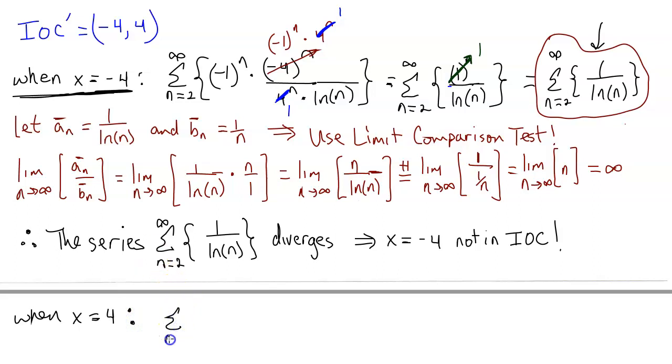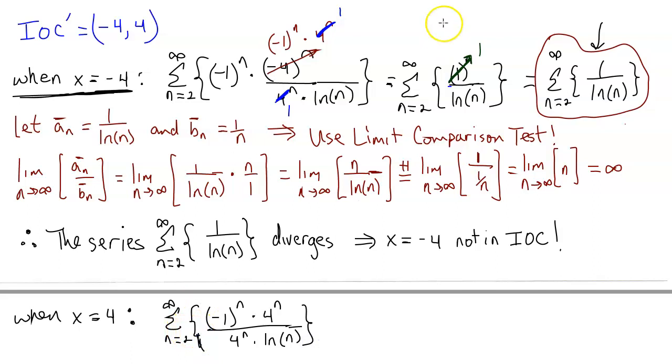The series that we end up coming up with here has -1 raised to the n, and instead of having a -4 here, we will have a +4, 4 raised to the n, and this will be divided by 4 raised to the n times natural log of n.